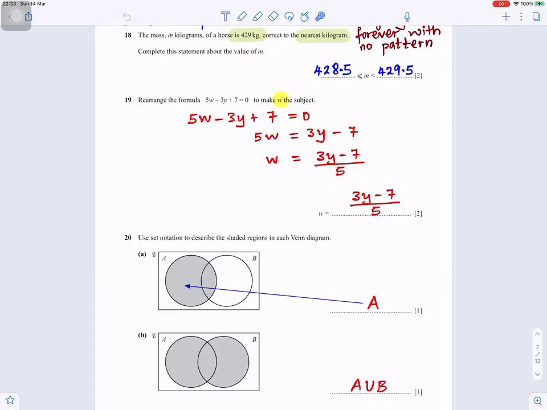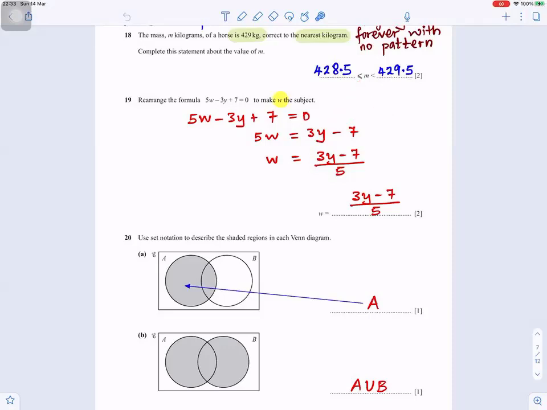And it has to be less than 429.5. So it could be 429.4999, because you can round that down to 429. So notice there's a less than there, and on this side is a less than or equal to.